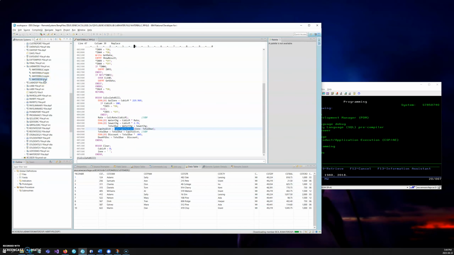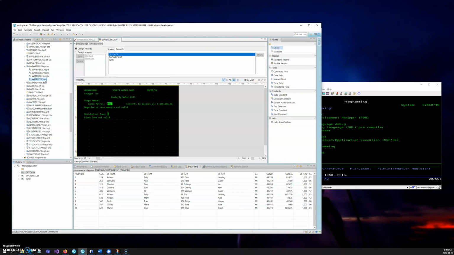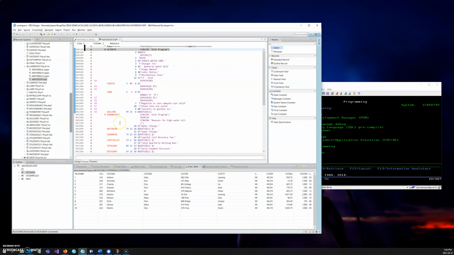So the display file is also in my GitHub repository, but anyway, it looks like this. So here's the code.